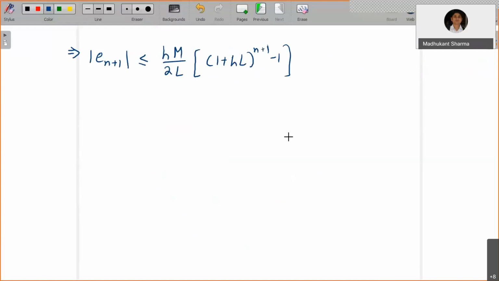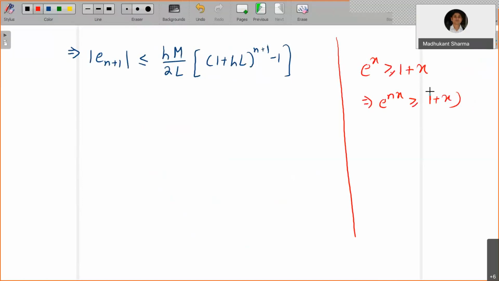Now, note that whenever x is greater than 0, we will always have e to the power x greater than or equal to 1 plus x. So this will imply certainly e to the power nx is going to be greater than or equal to (1 + x) to the power n.